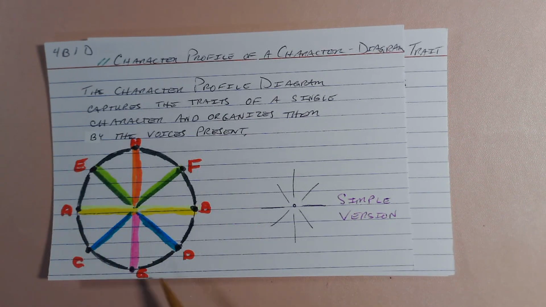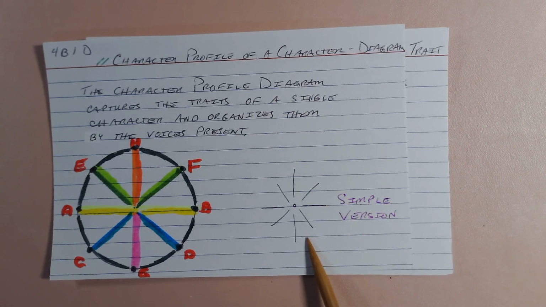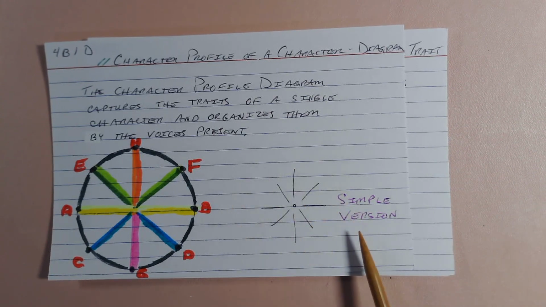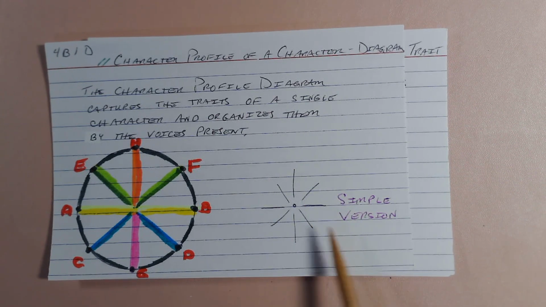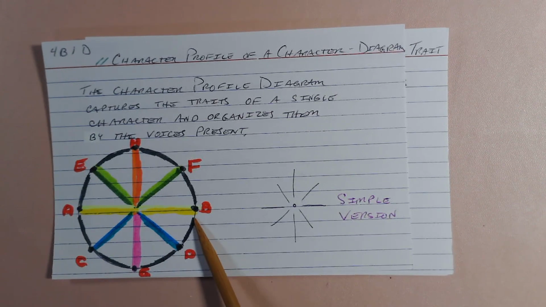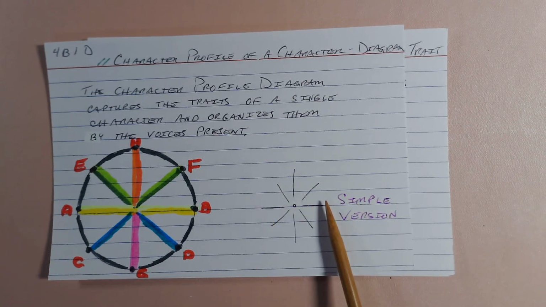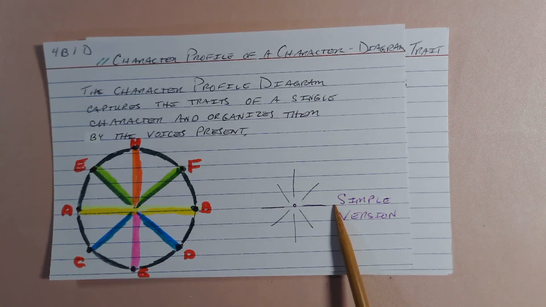Now, this is a rather complicated diagram, and we don't really need all of the color and fancy stuff when we're trying to capture character traits for a number of characters in our story. So I'm going to present a simplified version. I hope you can see that in effect, this simplified version captures the essence of this colorful version. And we would actually write the rudder traits here and here on the simplified version.